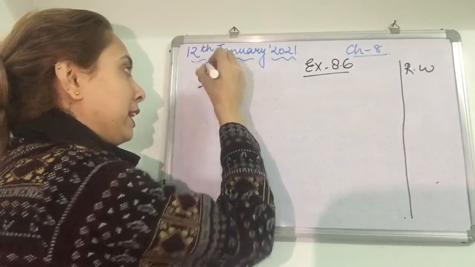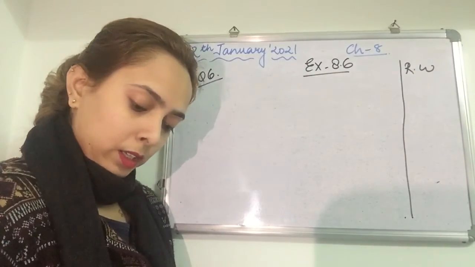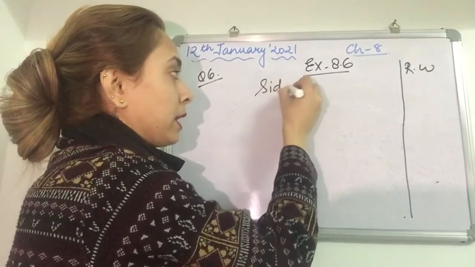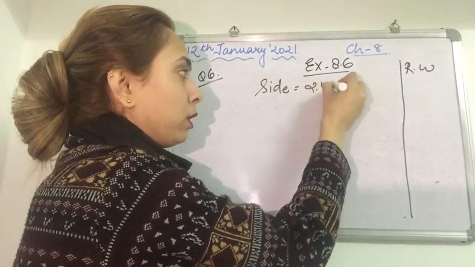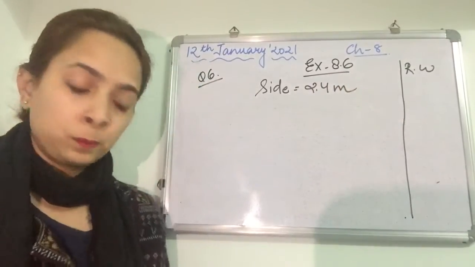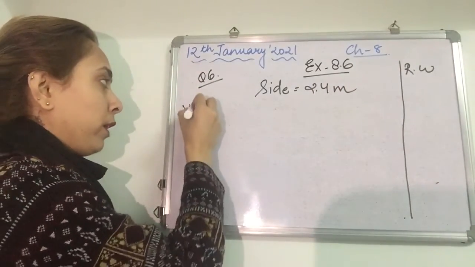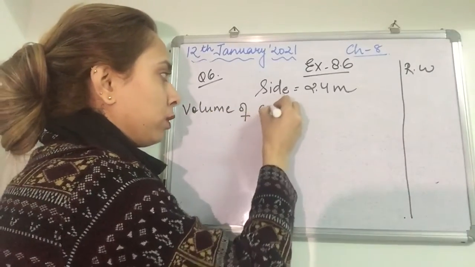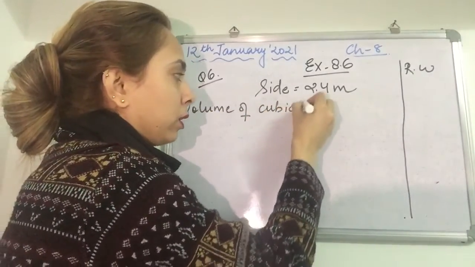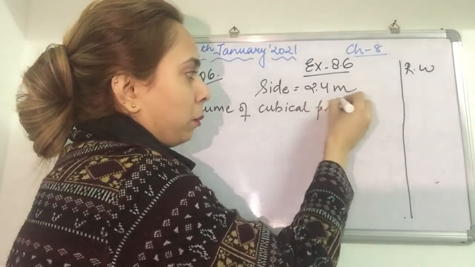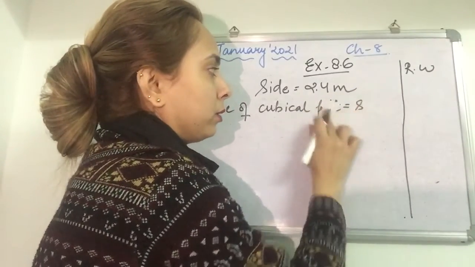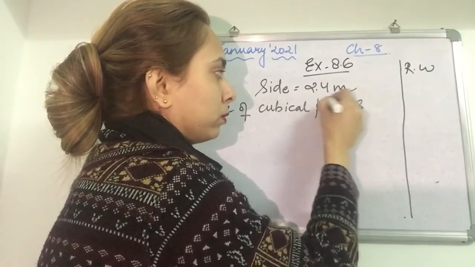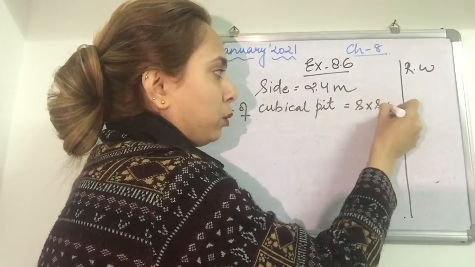Question number 6. So here you can start by writing side is equals to 2.4 meter. So now you will write, we have to find out the volume of cubical pit. So we will write volume of cubical pit is side into side into side.